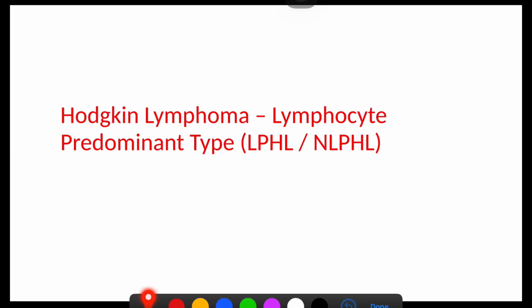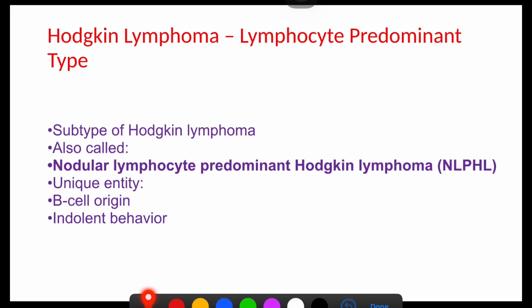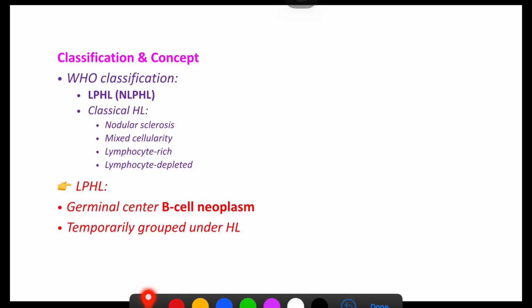Now Hodgkin's lymphoma. Here, typically the lymphocyte predominant type, which is LPHL or nodular LPHL. This is a subtype of Hodgkin's lymphoma, also called nodular lymphocyte predominant Hodgkin's lymphoma. It is a unique entity having B cell origin and indolent behavior.